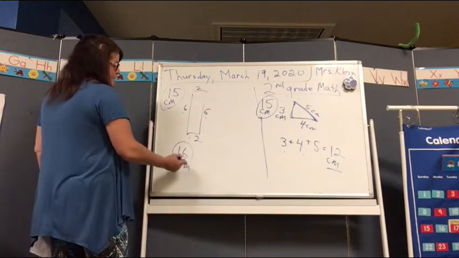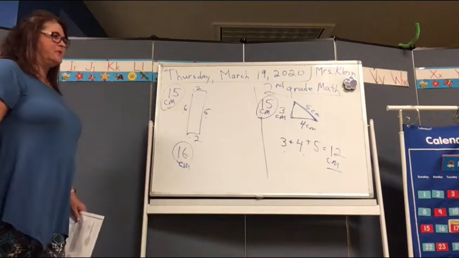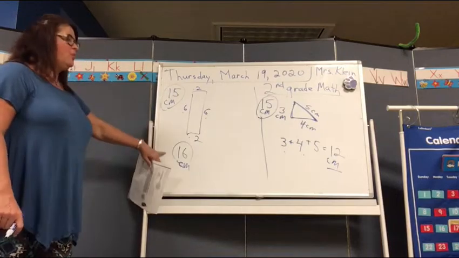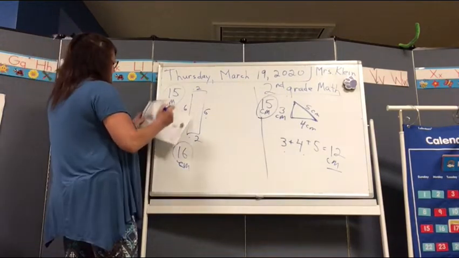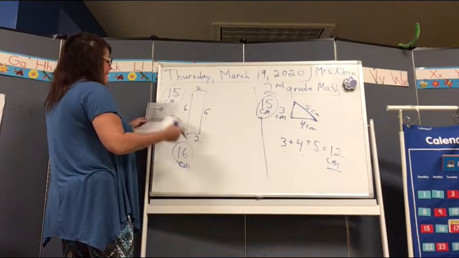No, because this object measures 16 centimeters and she only has 15 centimeters. She's going to be 1 centimeter short. So this next one is no. Do not circle it.